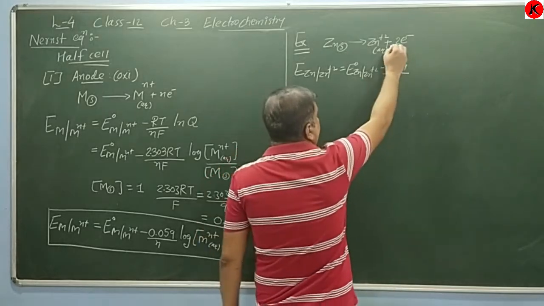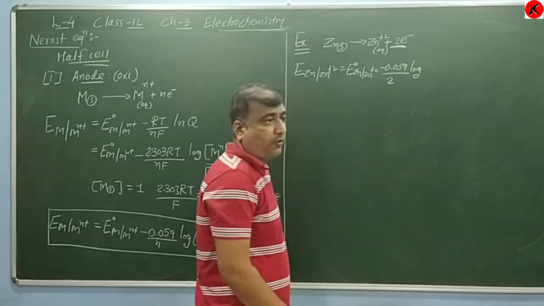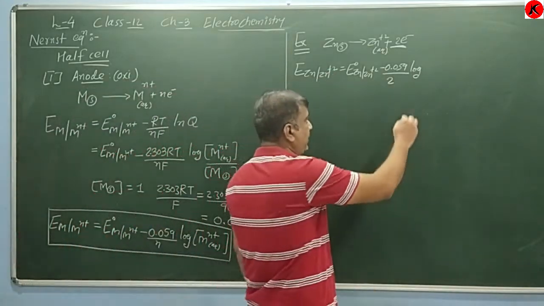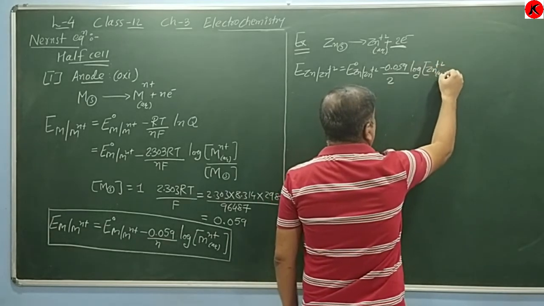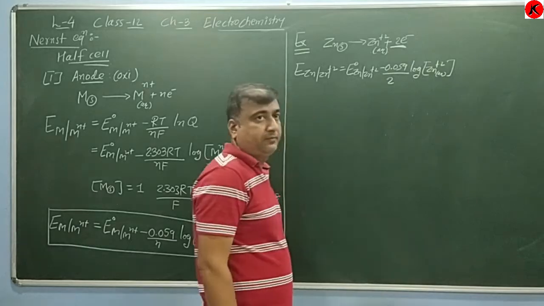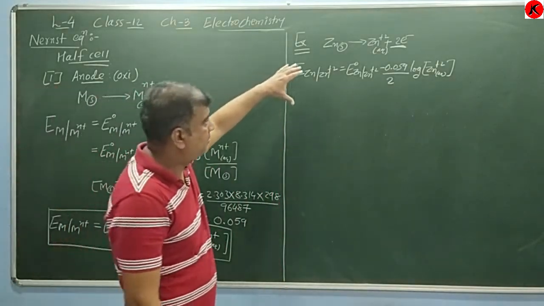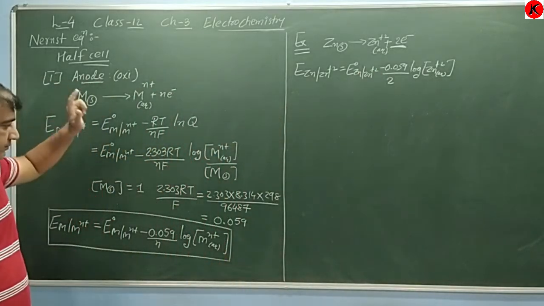Here n is 2. Log of the concentration of Zn2+. We can write the Nernst equation this way when the half cell acts as an anode.